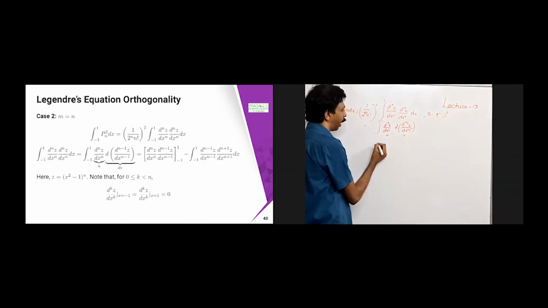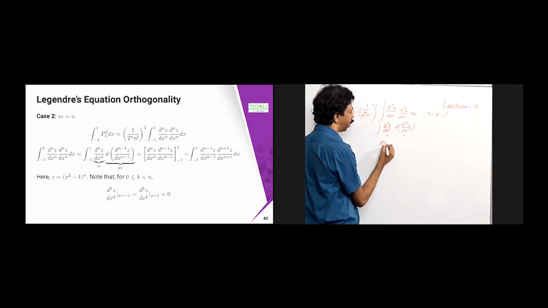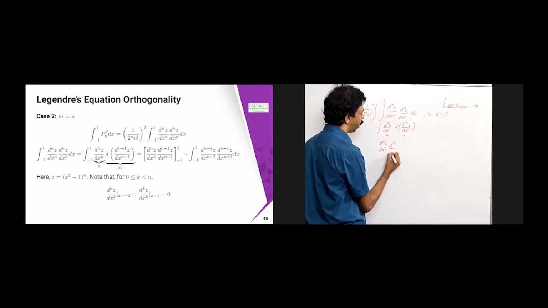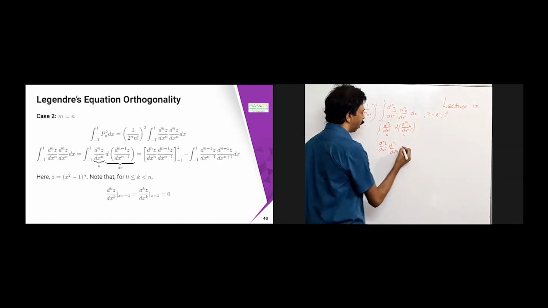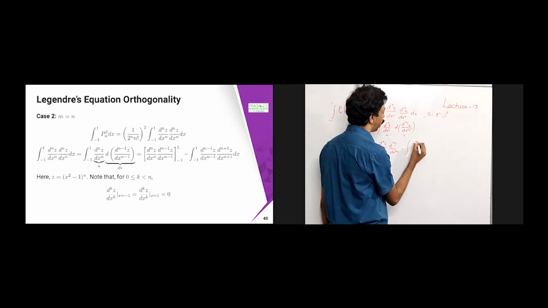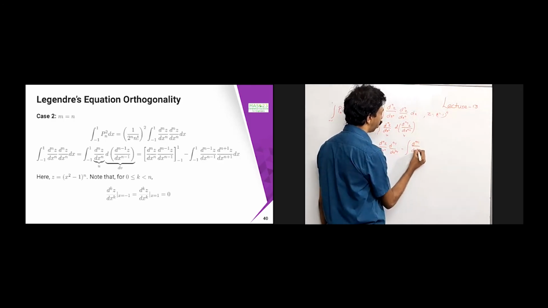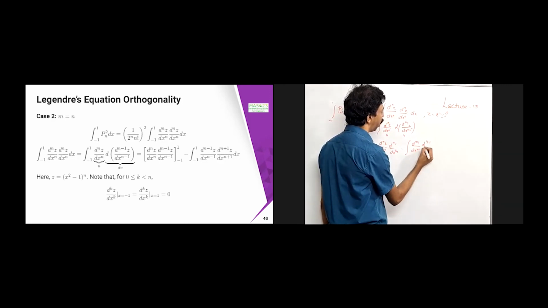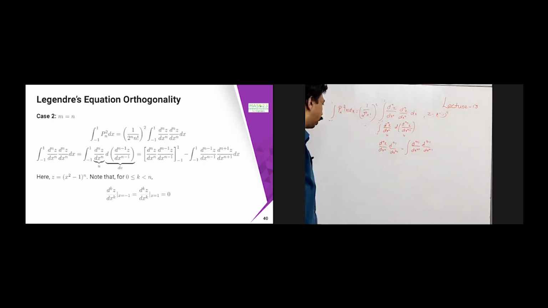Therefore this is d^n z by dx^n into d^(n minus 1) z by dx^(n minus 1), minus the integral of d^(n plus 1) z by dx^(n plus 1) times d^(n minus 1) z by dx^(n minus 1), because v du is going to come. Okay, so here z is there.